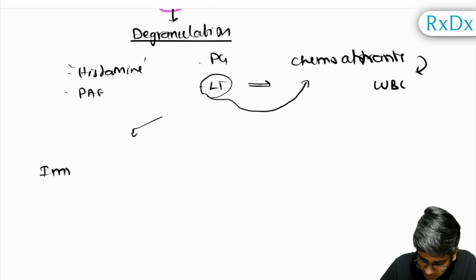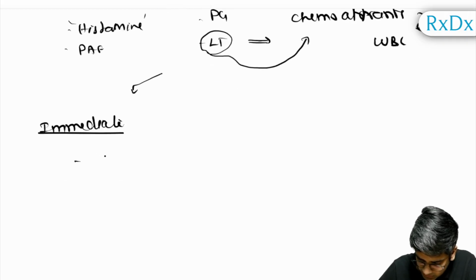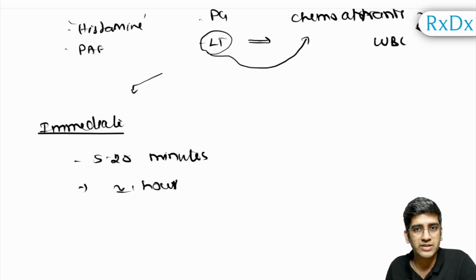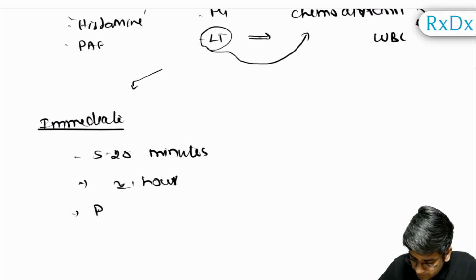So we divide the symptoms into two groups. We call the first the immediate phase response, okay? This happens within minutes, like 5 to 20 minutes after exposure. Very short, and the symptoms might last for approximately an hour. This is primarily due to the preformed mediators.